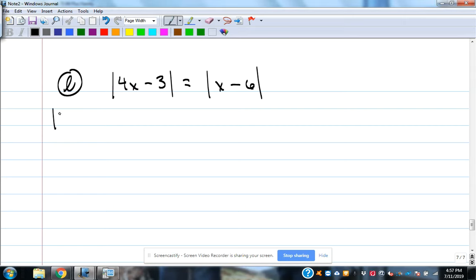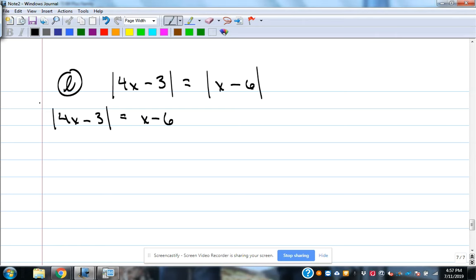So the first thing I'm going to do is work absolute value of 4x minus 3 is equal to x minus 6. And then I'm going to work that as an equation. I have the absolute value by itself, it's already by itself.